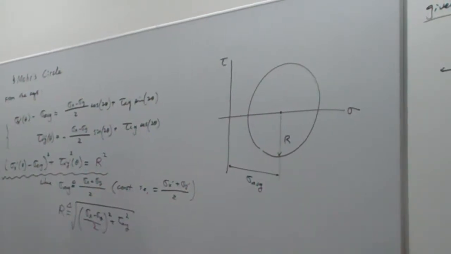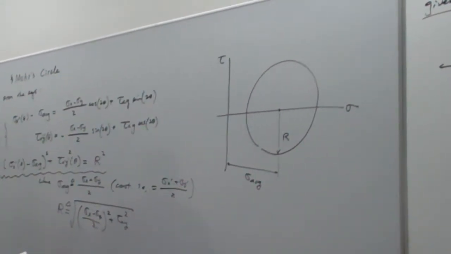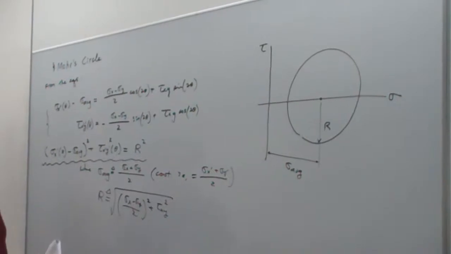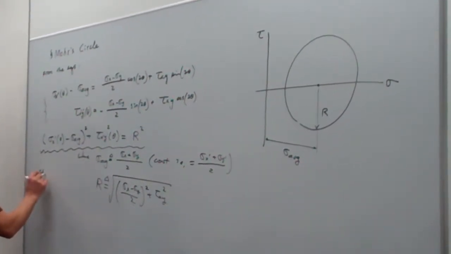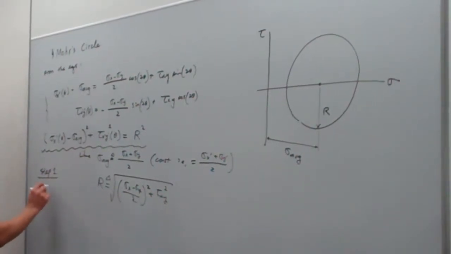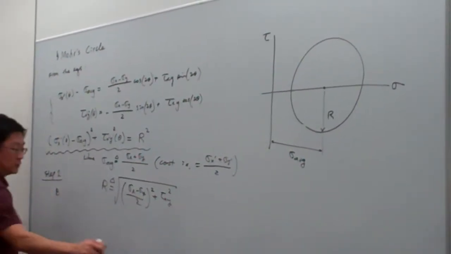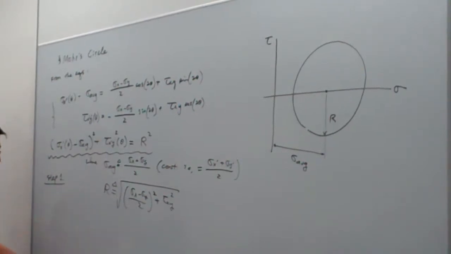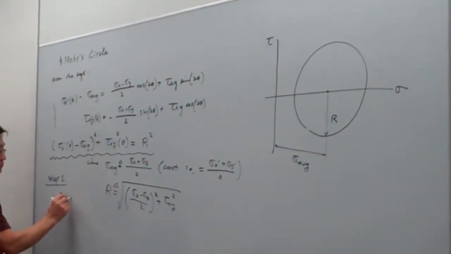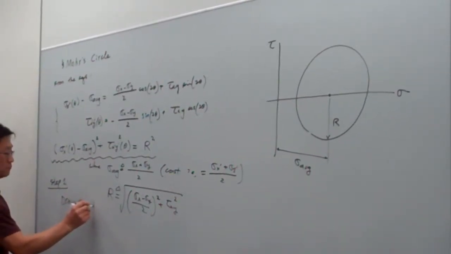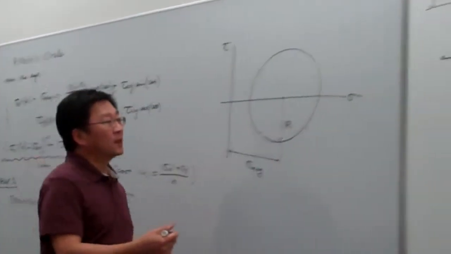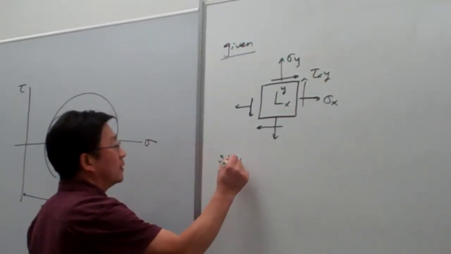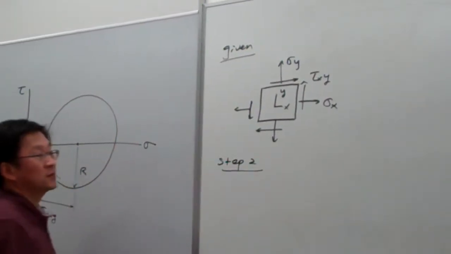Then the second step to utilize the circle is this. So this is step 1: draw the circle. And step 2 is based upon the given information.